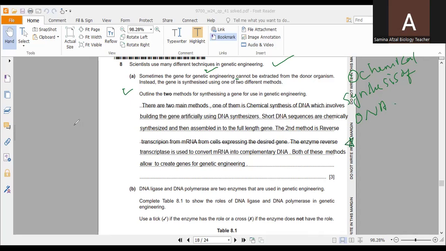That is the first step, and the second step is short DNA sequences.